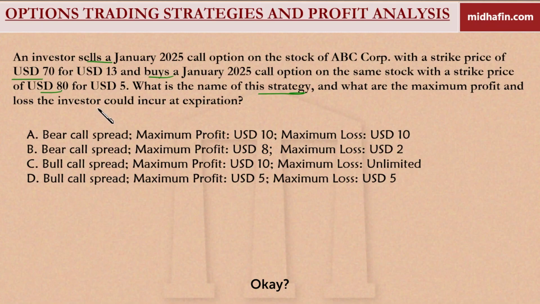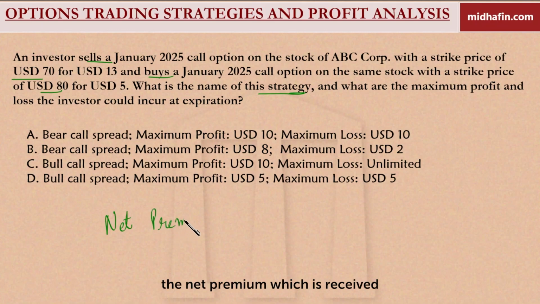Okay. Now let's calculate the net premium which is received. Now, if you see, the investor receives a premium of how much? $13 over here for the call option which the investor has sold, the $70 strike price one, and the investor pays $5 for buying the $80 call, right?